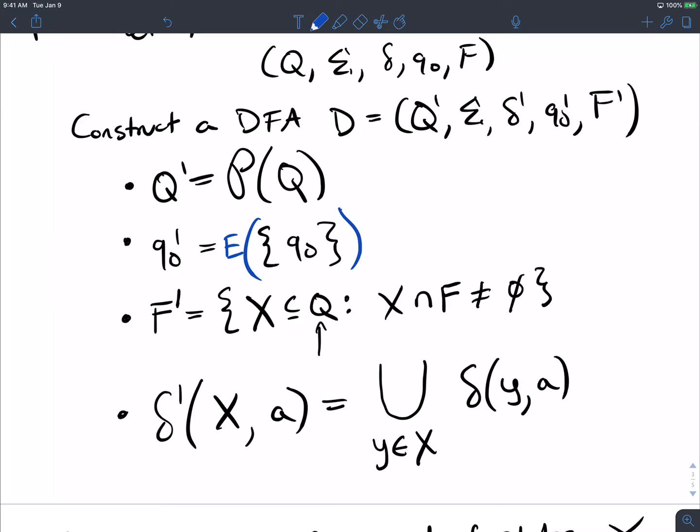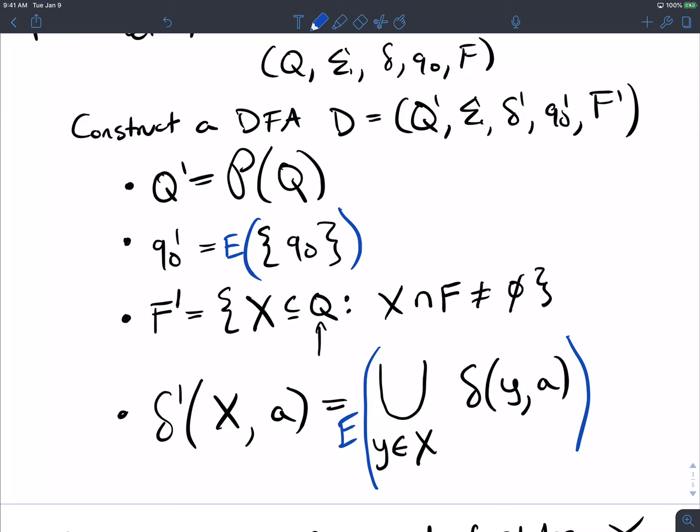So what we need to do is put an E on the front and wrap this whole thing on the inside. All we're asking is: figure out everything you can reach via a single character transition, and then once you have that set of states, figure out anywhere else you could reach. Any questions about that? We're going to do an example, I promise.